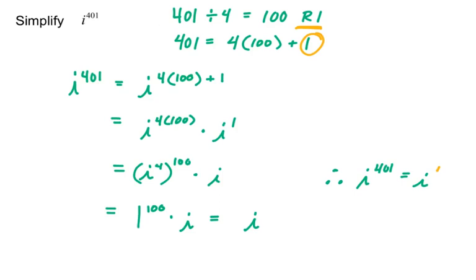So if you do have any problems where you have I raised to a power, just make sure you divide by 4, and whatever your remainder is, that's going to be the I value you could reduce this to.